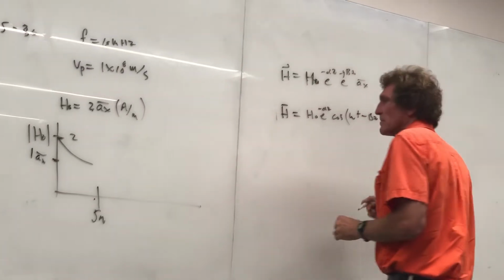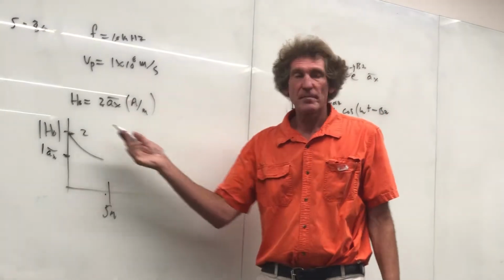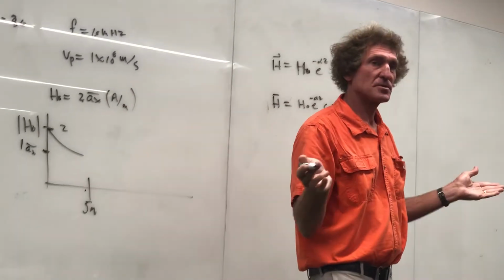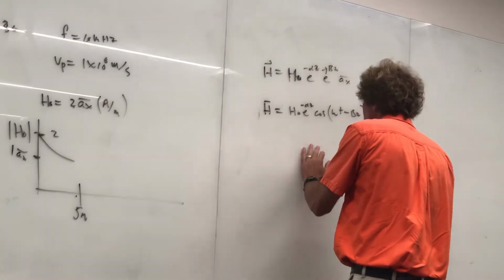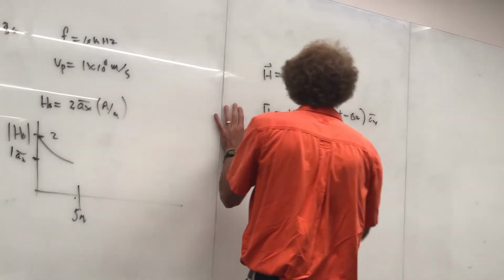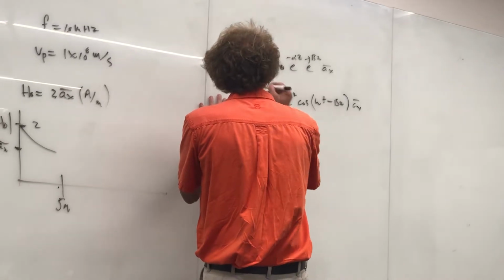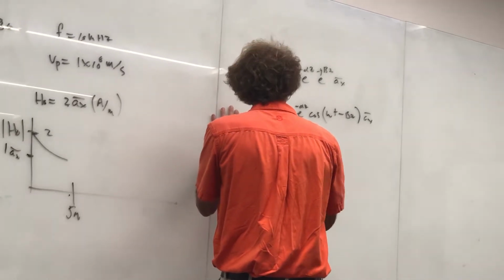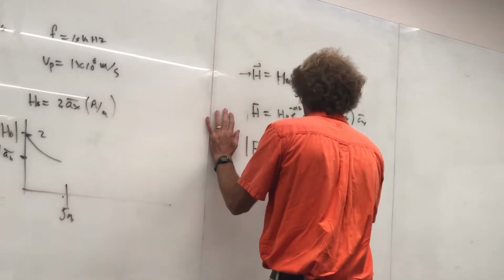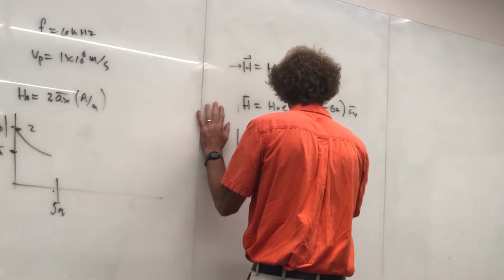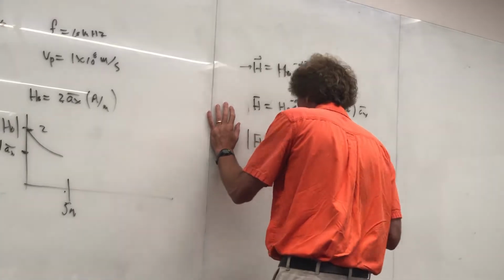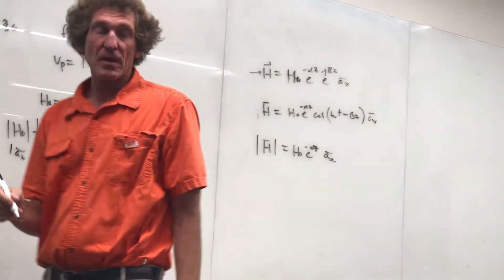There could possibly be a phase angle, but he doesn't give us enough information to obtain any phase angle, so you just assume it's 0. And this would be in the a_x direction. If you take the magnitude of H, then it becomes simply H0 e to the minus alpha z in the a_x direction, the magnitude of H anywhere.